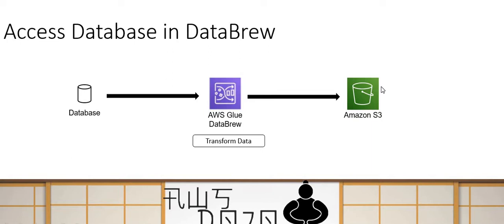So there could be scenarios where you have to access data from the database, and then you perform certain transformation on the data, and then you save it to your S3 bucket for any further use, whether you want to use it for reporting or some other analytics or machine learning purposes. And this is the scenario we are going to discuss today, how you can use DataBrew to perform this kind of data access from the database.